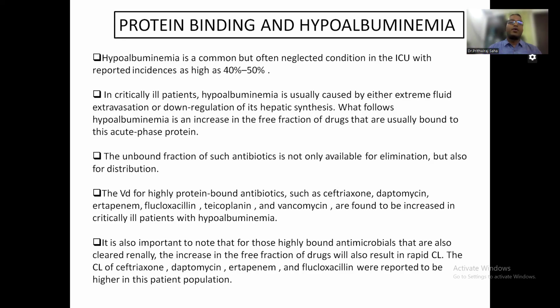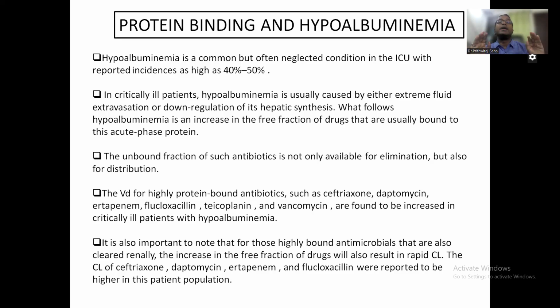For protein-bound drugs, we have to make sure: ertapenem, teicoplanin, ceftriaxone, daptomycin are very much protein bound. So if you see the albumin level is low, do not reduce the dose of these drugs all of a sudden.